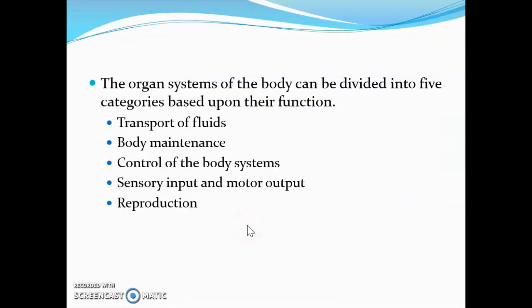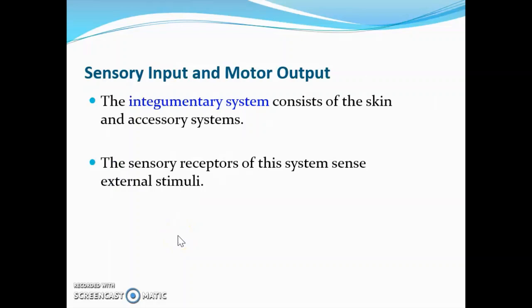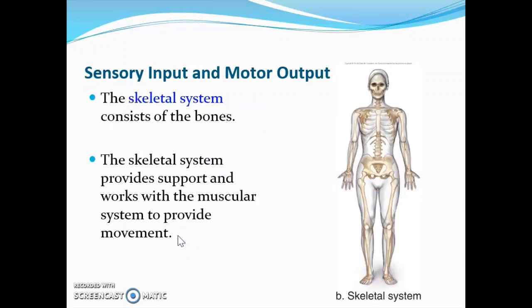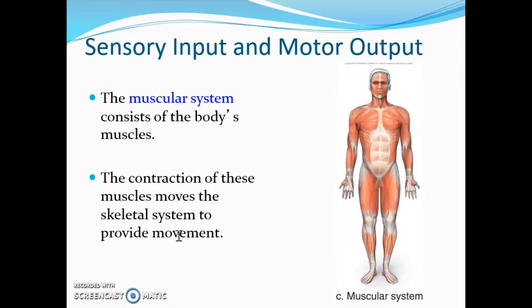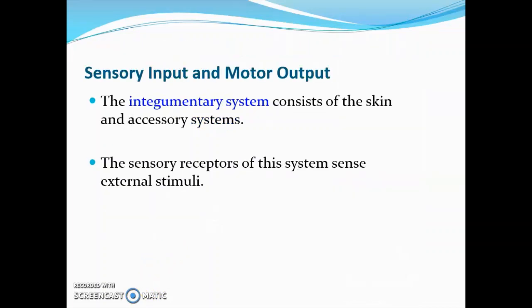Now we move on to the fourth type of organ system, which functions as sensory input and motor output. The examples are the integumentary system, the skeletal system, and the muscular system. Let's look at the first example.